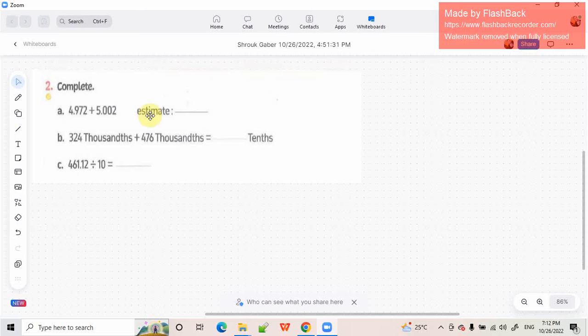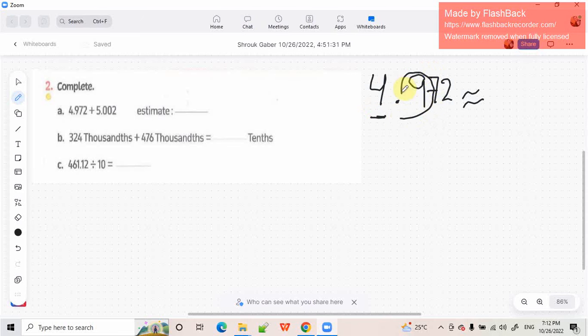If I wanted to estimate 4 and 972 thousandths, how can we estimate this number? We will round to the whole number.